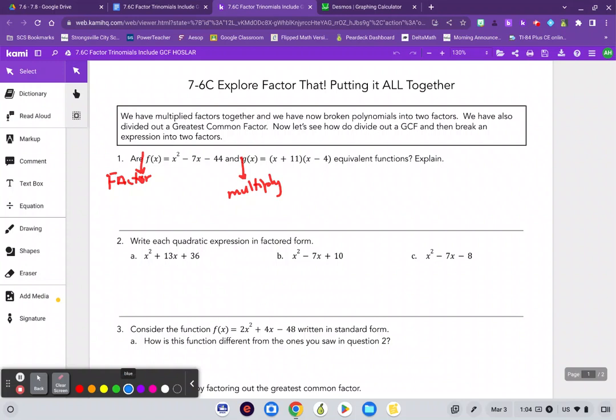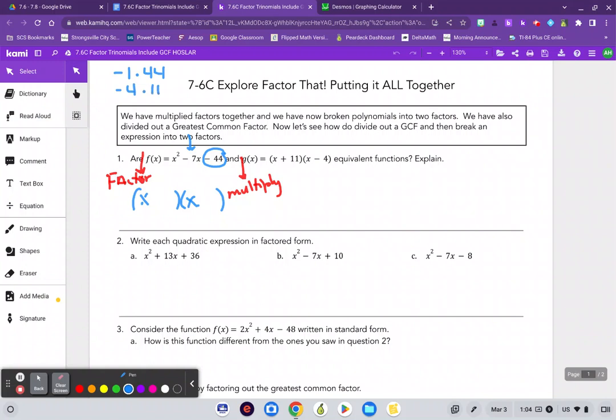So for f of x, if I want to factor, I have to find numbers that multiply to negative 44 and add to negative 7. I'm going to break this down into two groups that are getting multiplied. So x squared breaks down into x times x. Some factors of negative 44 would be negative 1 times 44, or the opposite, 1 times negative 44, and I'm thinking about negative 4 times 11.